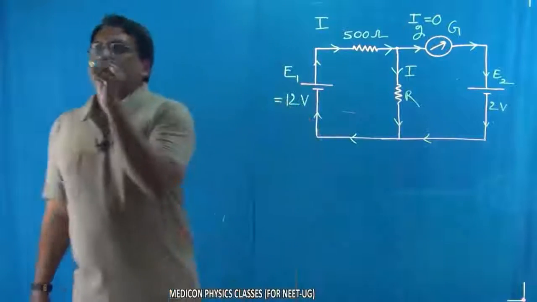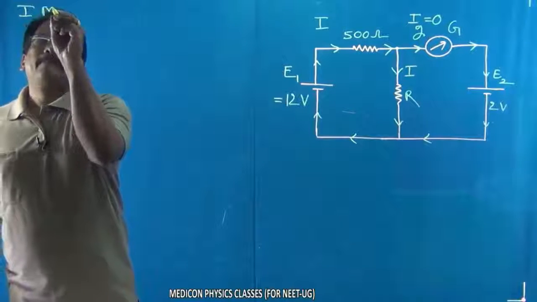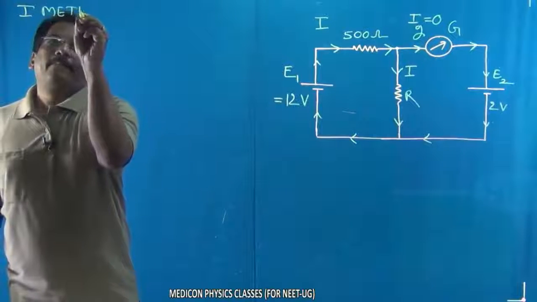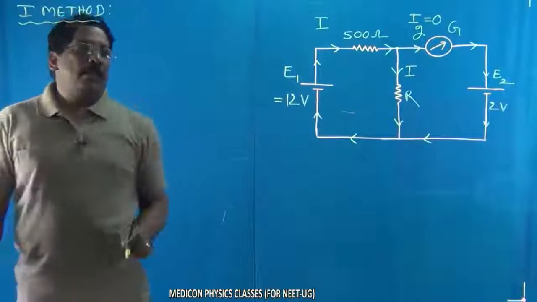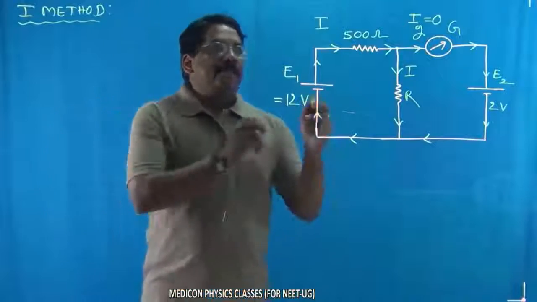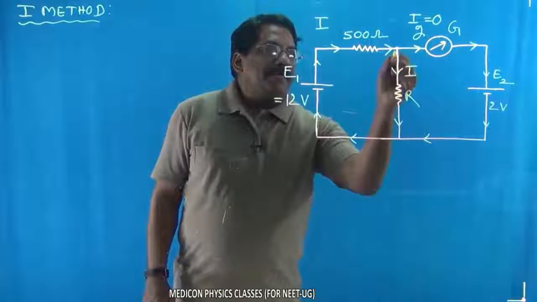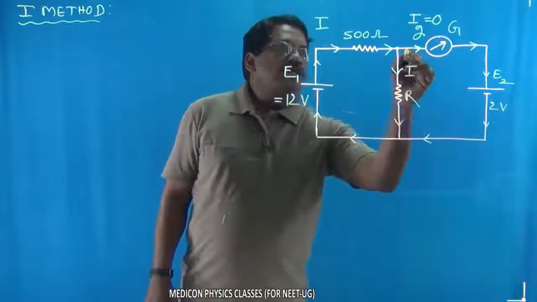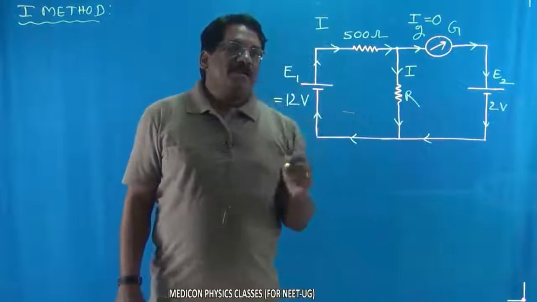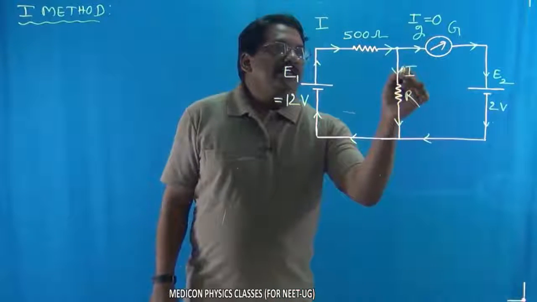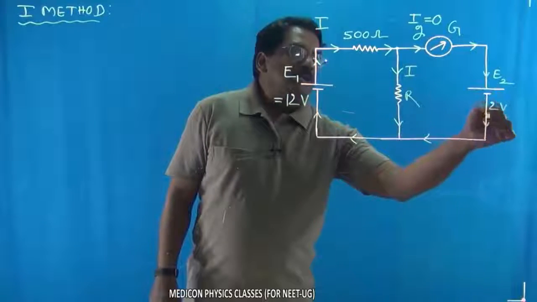Now the first method in our solution is a very simple direct solution, because the current in this path is I and there is no potential drop in this path because Ig is 0. So we can make an equation, I into R should be equal to E2.